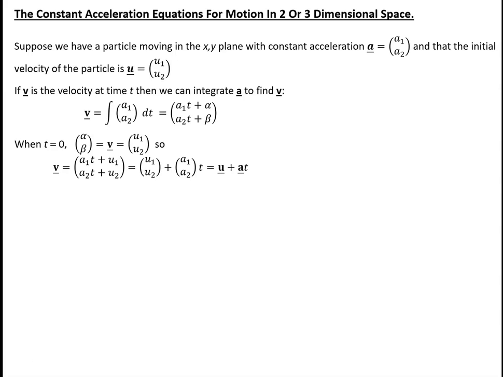Now we can rewrite that as being the vector (u1, u2) plus the vector (a1, a2) times t. In other words, the velocity v is equal to the initial velocity u plus the acceleration a times t. We've got the first of the constant acceleration equations.